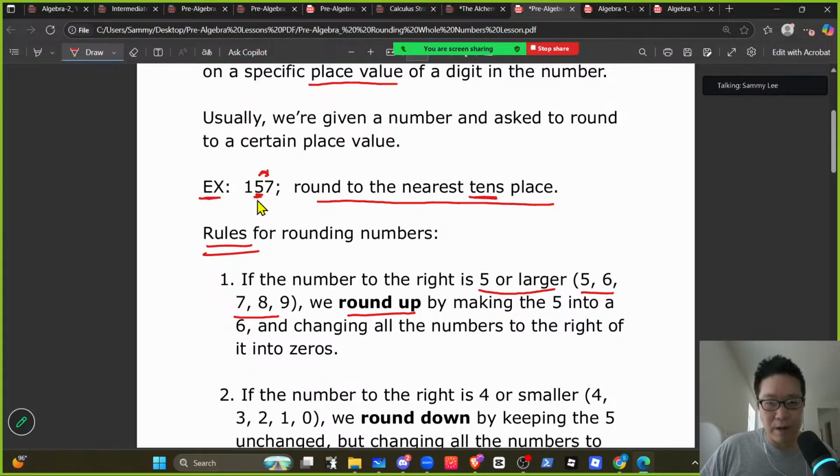The number that we round up is the number that we're asked to round to. So the number we round up is the 5, and we round up by rounding up by 1, making 5 into a 6.